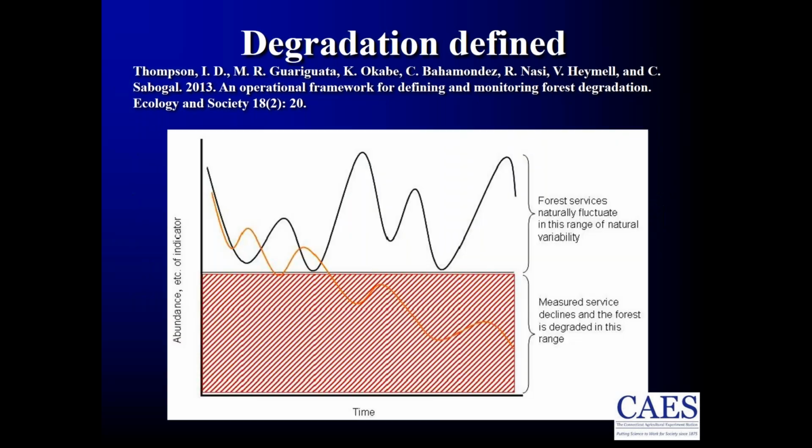And one concept I think it's important to realize, and they had a great figure in that paper too, is we all know, I'm assuming pretty much everyone here is a forester, that when you go out in the woods, even in an unmanaged forest, there's fluctuations over time. And when you start getting into degradation is when whatever indicator you're using, and I'll talk about that in a second, starts declining and keeps on declining, it doesn't go within that natural range of variability.